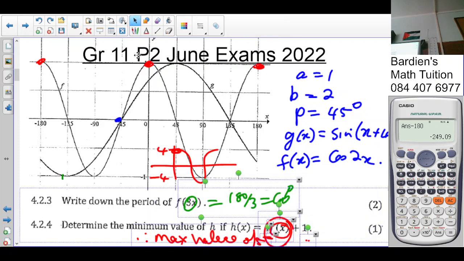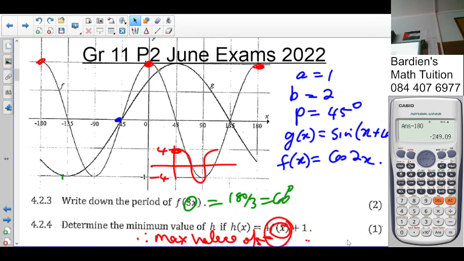Okay. Yes? Huh? The minimum value. Sorry, I'm reading maximum. What's wrong with me? So the minimum value, so just going here, the minimum value is at minus 4. Minus 4. No? Then plus 1 is going to be minus 3.